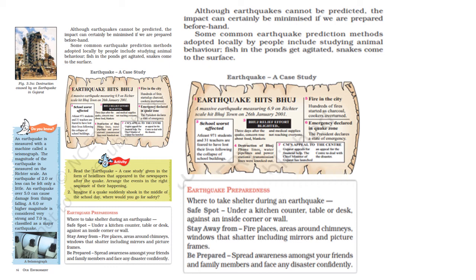Under a kitchen counter, table or desk, or against an inside corner or wall. If possible, move into an open ground away from tall buildings, fireplaces, areas around chimneys, and windows that shatter, including mirrors and picture frames.